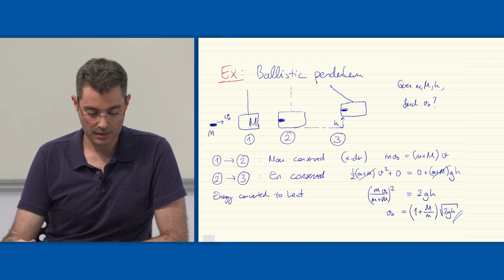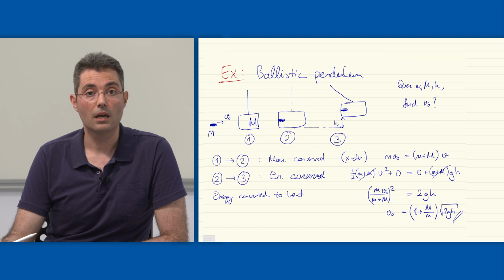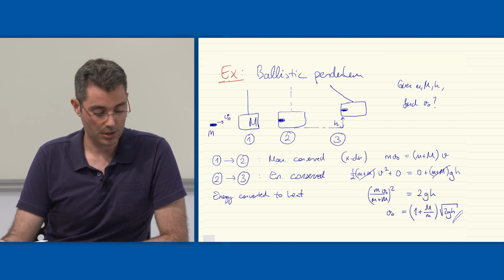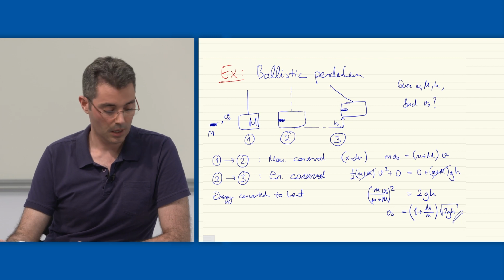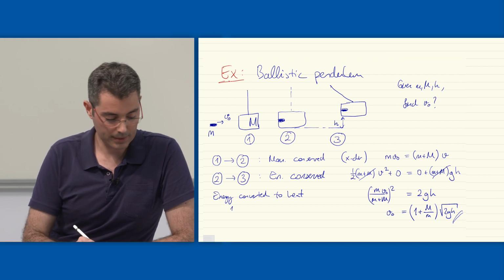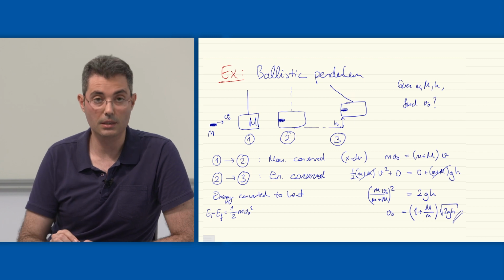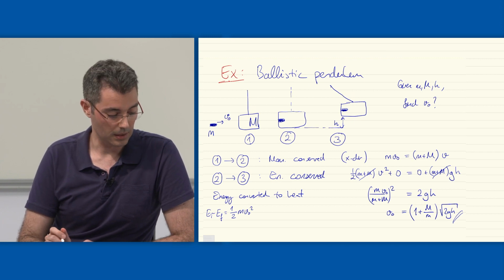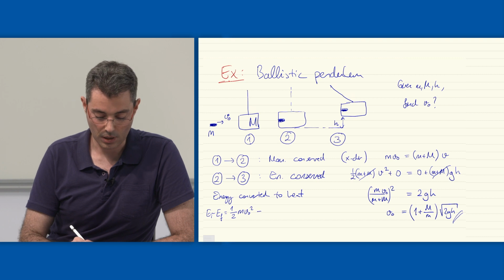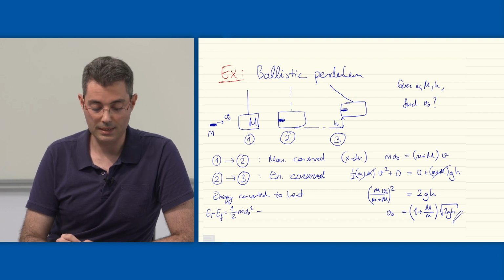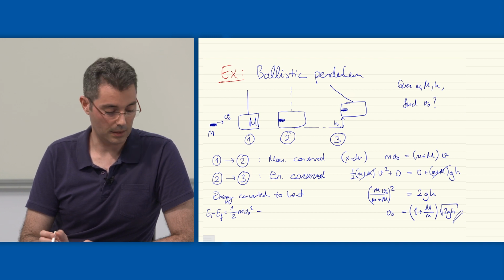Here another interesting thing we can calculate is how much kinetic energy is converted to heat in this process. In order to do this, let us again calculate the difference of the initial kinetic energy minus the final energy. It's going to be 1/2 m v0 squared, which is the initial kinetic energy of the bullet, and the pendulum has 0 energy. After the completely inelastic collision, I can calculate the energy either at time t2 or at time t3.